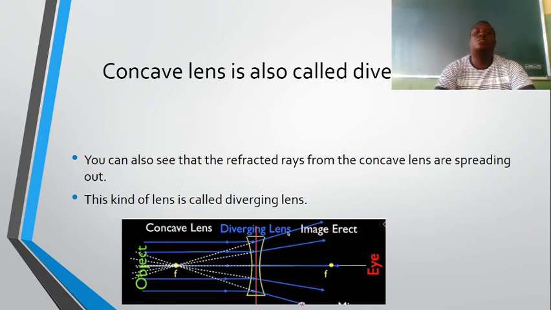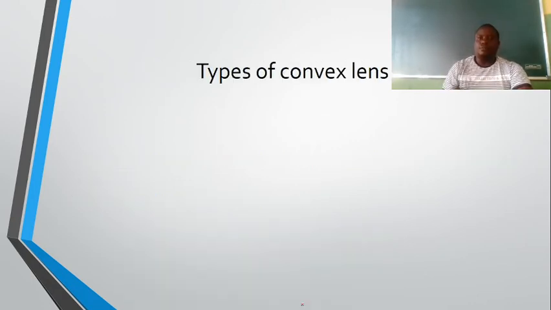So the reason why we see people say there are two types of lens, diverging lens and converging lens, is the same as saying that there are concave lens and convex lenses. So let us move. Let's explore each part.